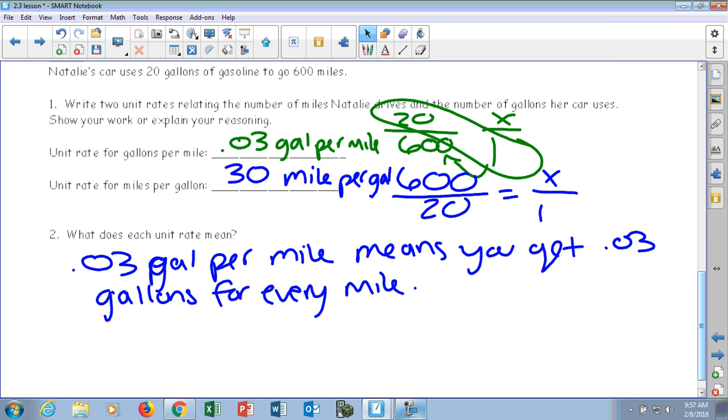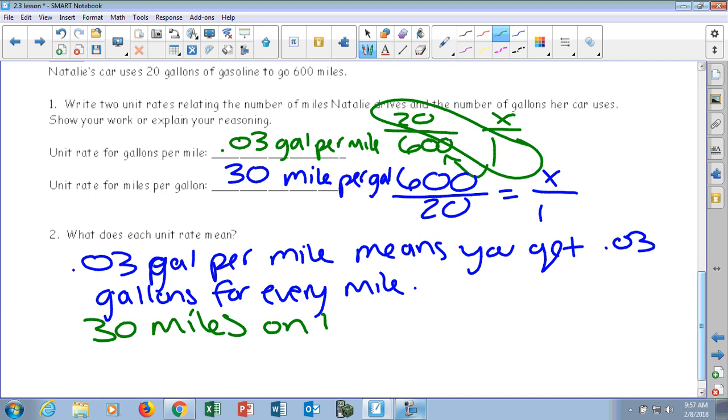And the same thing with our second one. 30 miles per gallon means you get 30 miles on 1 gallon of gas. That's what it means by 30 miles per gallon, per 1 gallon.